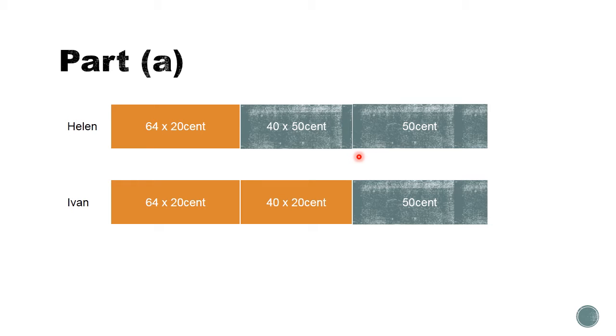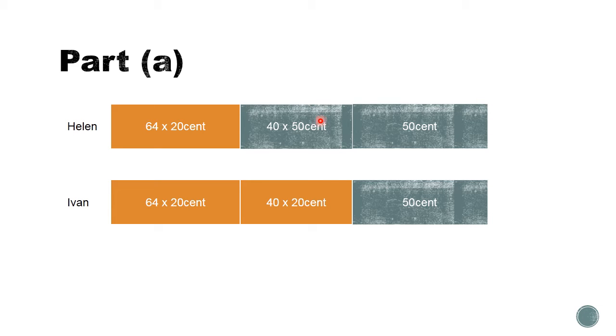And I'm also breaking up Helen's portion over here. So let's assume that this one is 40. 40 50-cent coins, and the rest are actually the same, because they are the same in terms of the number of coins.